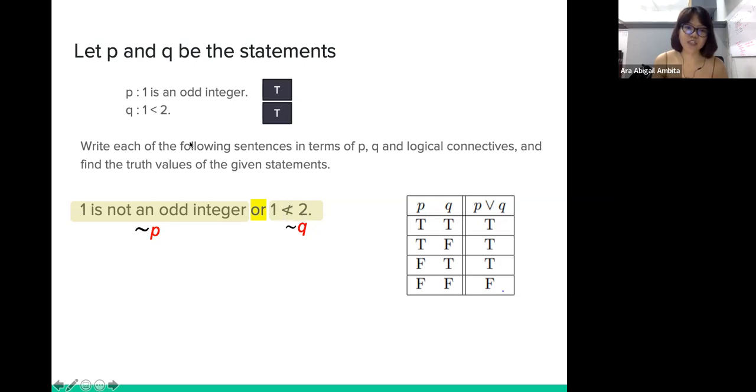So in short, we are just negating Q. We express it as not Q, and this or can be represented by this symbol. Not P, the negation of P, is false because P is true, its negation is false. And not Q is also false because Q is true, so not Q will be false. So both of the statements are false, meaning the disjunction P or Q is also false.